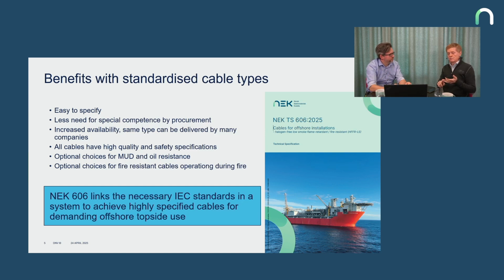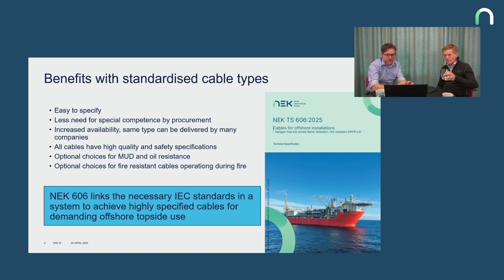That is an ISO specification. Previously there was no specification for mud, outer sheet, the oil resistance. Now some of these things are built into the IEC standards. So it's basically IEC, but in addition there are some NEK specialities where we didn't find the IEC reference.